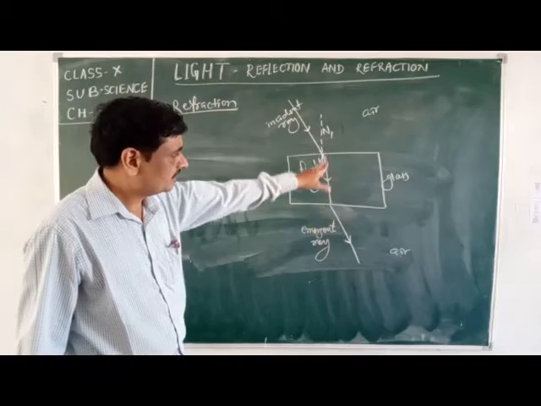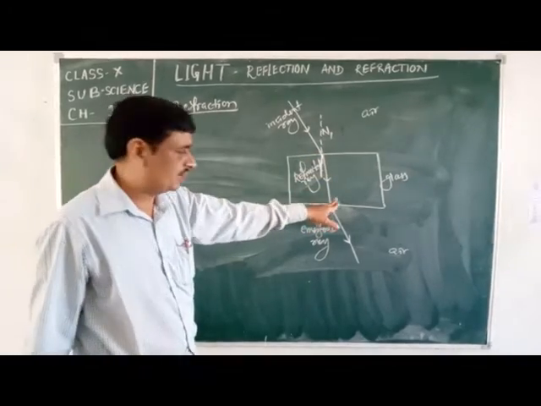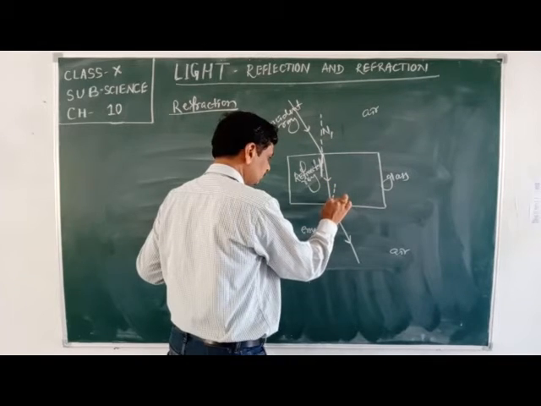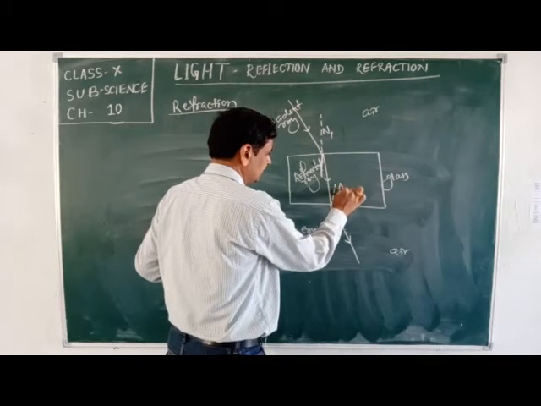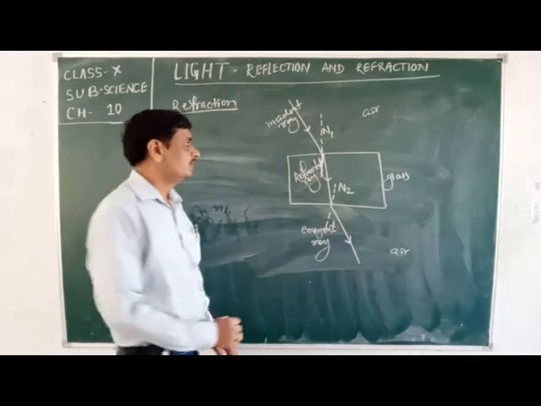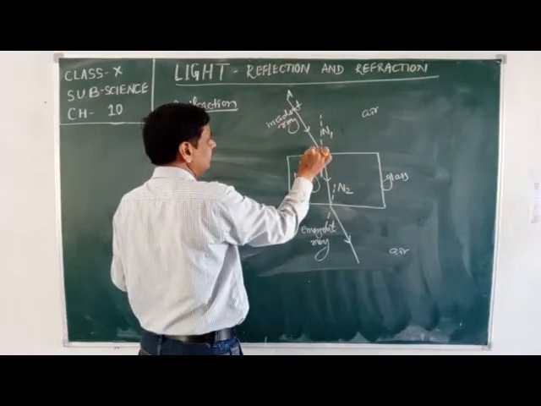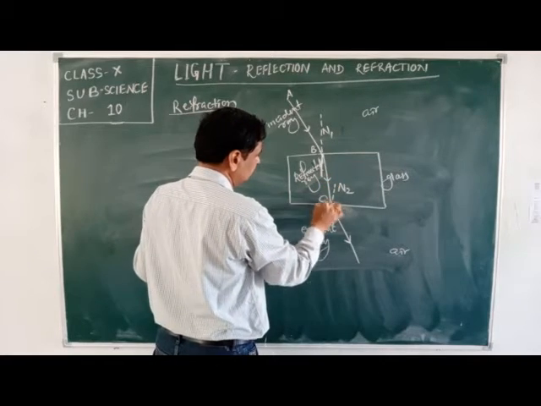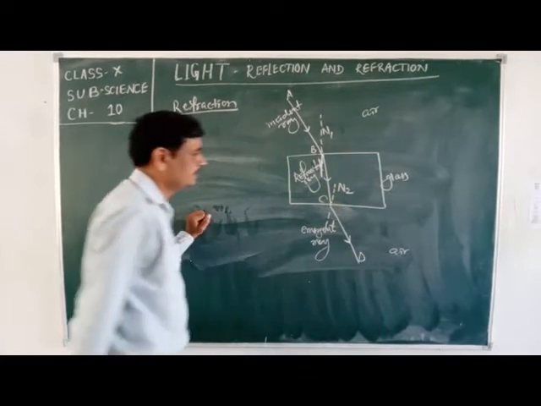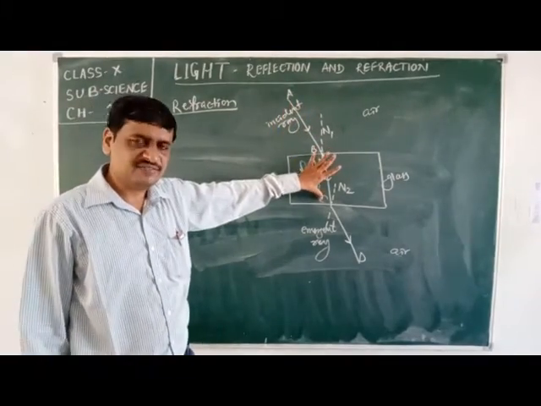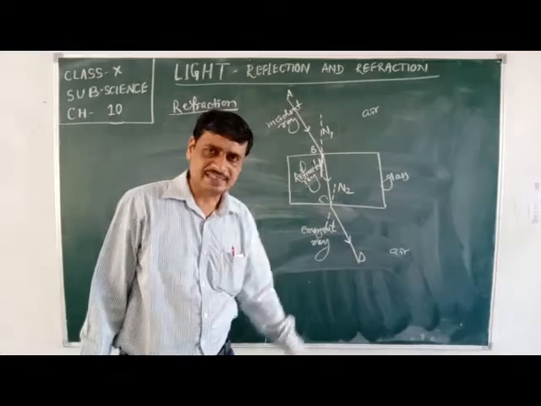And we can draw such type of normal at this point of incidence. It is second normal N2. Name it A, B, C, D. Here AB is incident, BC is refracted ray and CD is emergent ray.